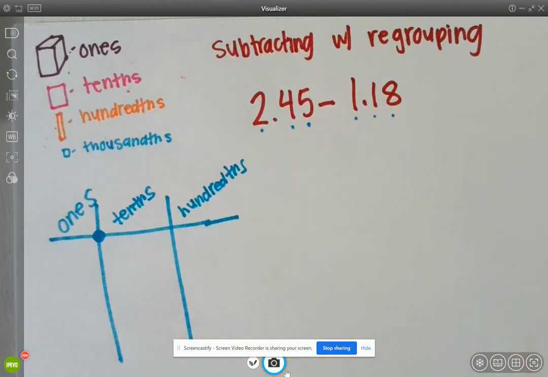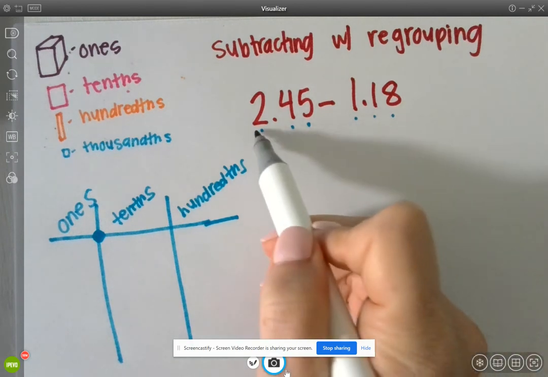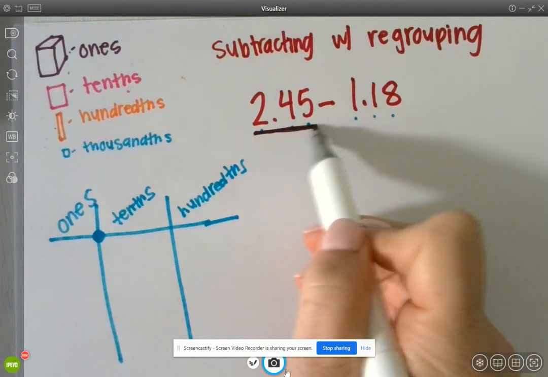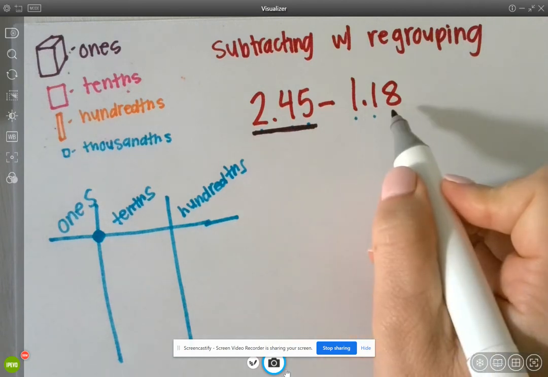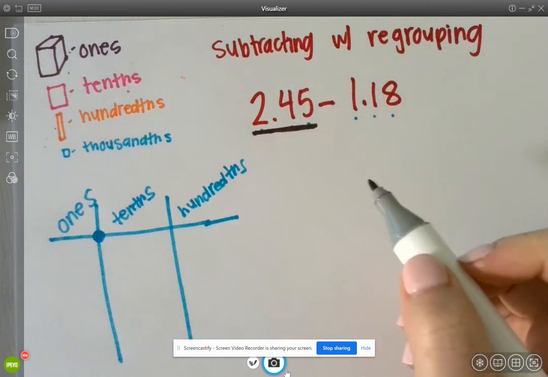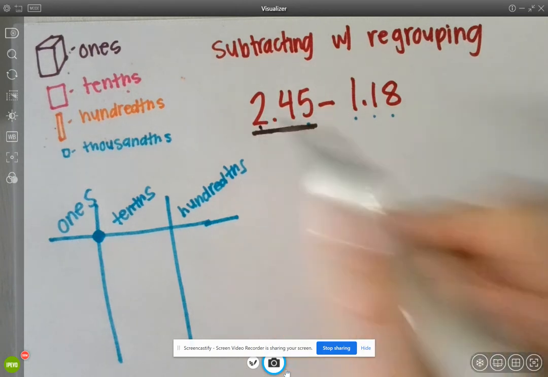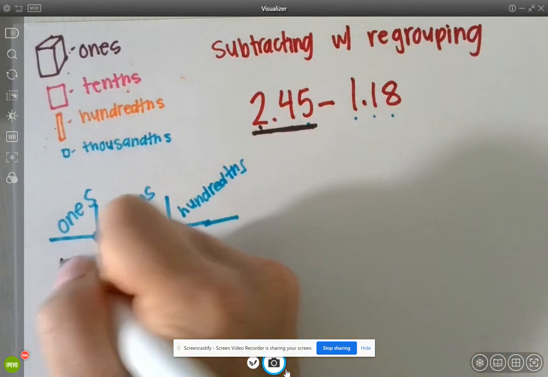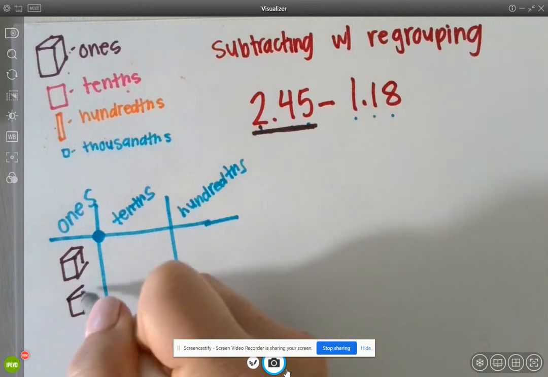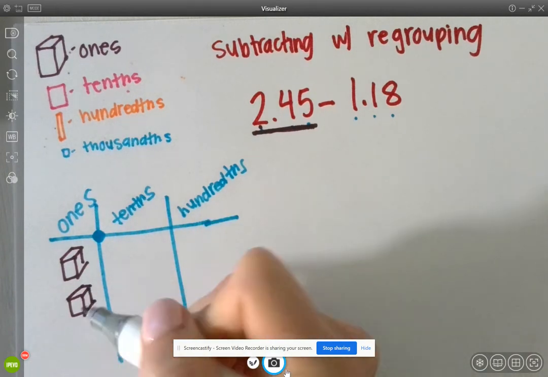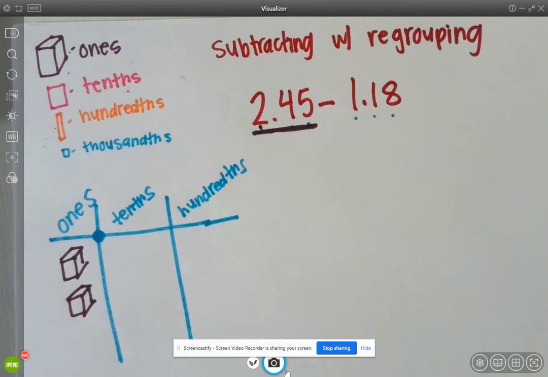Okay, so now I'm going to start with representing the ones in this first number. So I'm only going to model this in my place value chart because I'm going to be taking this away from that. So I'm going to start with my two ones. Okay, here's my two ones.